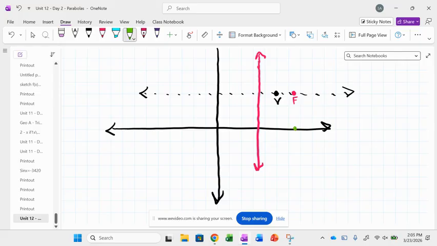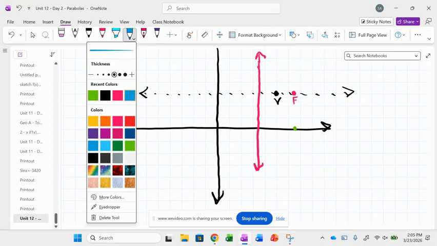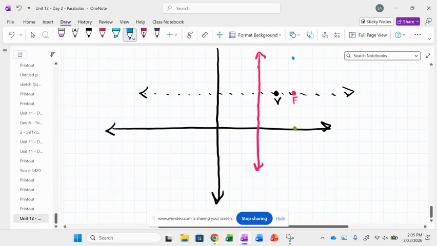And then the latus rectum is going to be 6 units long. So we have to go from our focus 3 units up, 1, 2, 3, and 3 units down, 1, 2, 3.